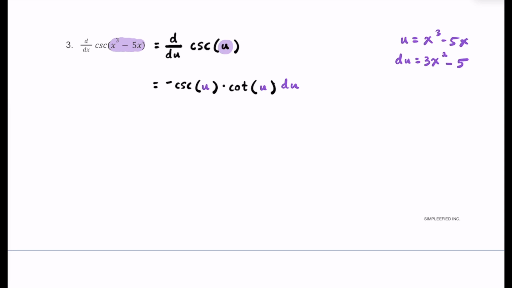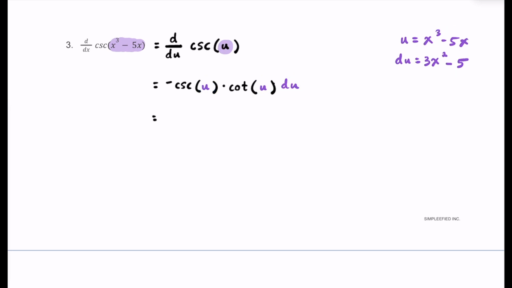And once we've done that derivative, or we differentiated, we just have to make some substitutions back. So these u's helped us make this look a little bit more simplified and less scary. And so now that we're done differentiating, let's just swap back the u for this x cubed minus 5x, and then swap out this du back for this 3x squared minus 5.